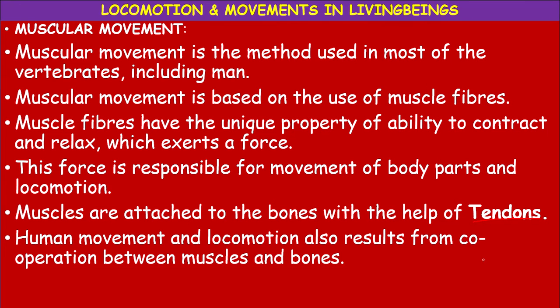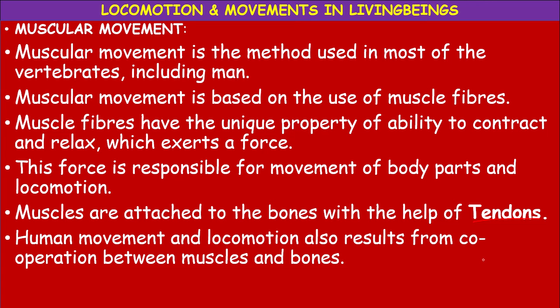Human movement and locomotion also result from the cooperation and coordination between the muscles and bones. Bones alone cannot help in movement, because bones need some weight on them. When muscles are attached to the bone, the weight is added, so the movement takes place.